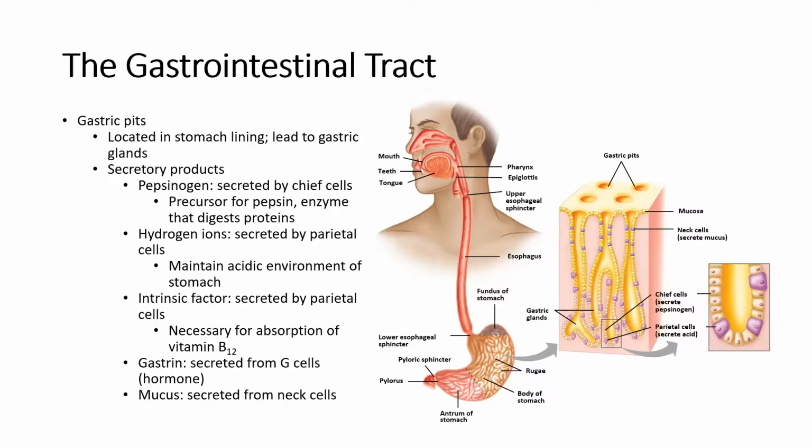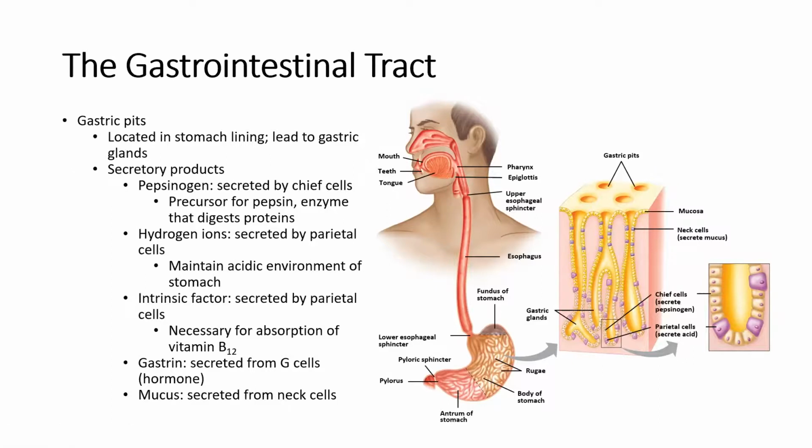So chief cells, one of the cells that are lining the glands, as we can see here, secrete pepsinogen, and then pepsinogen will become activated by hydrochloric acid, which I'll talk about on the next slide, to begin to break down the proteins that are found in the food that's sitting in the stomach. Hydrogen ions is another substance that is being secreted, another secretory product here.